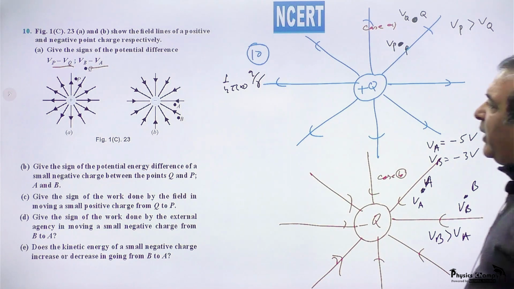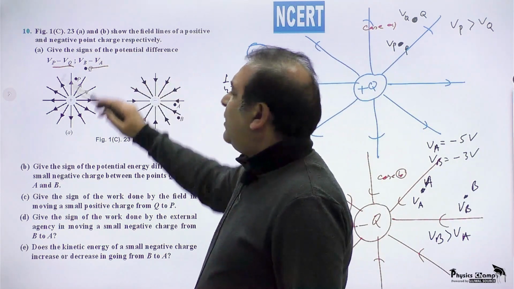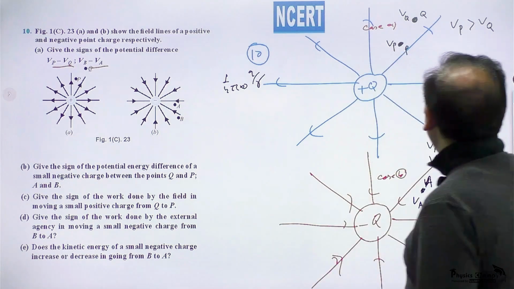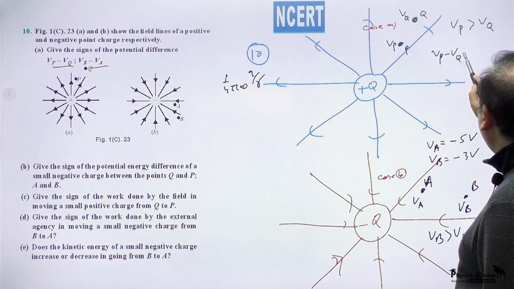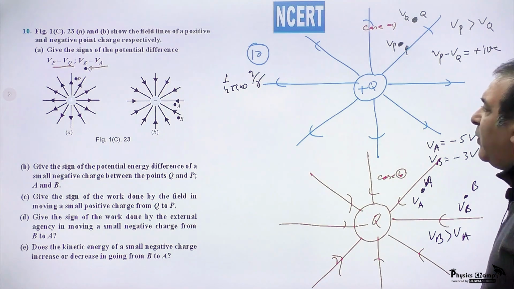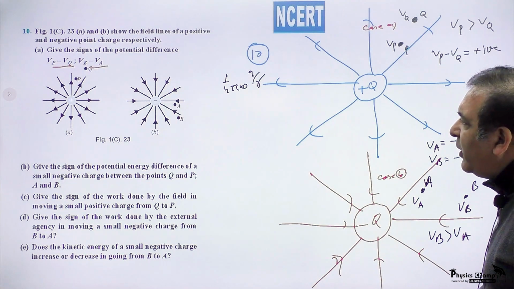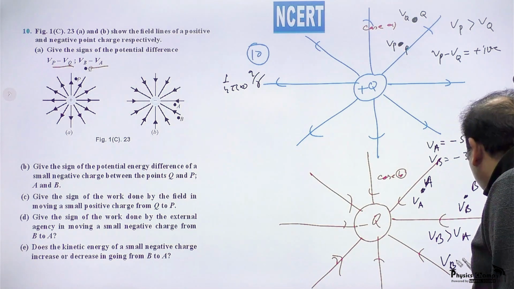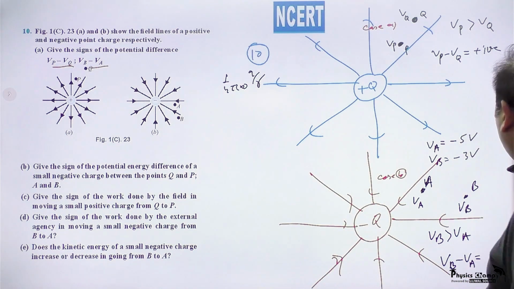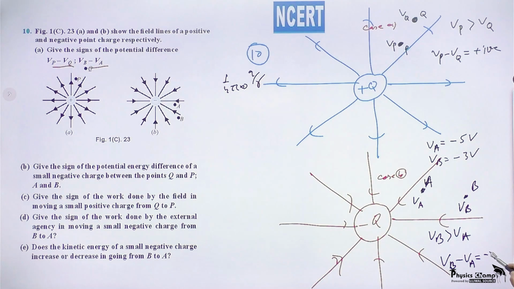So our first point is, give the sign of potential difference. If I say what is the sign of potential difference Vp minus Vq, my answer is positive. And here if I am looking for what is the sign of potential difference Vb minus Va, Vb is say minus 3 volt, Va is say minus 5 volt.